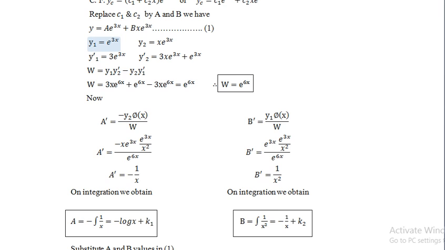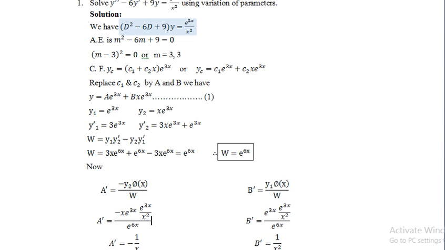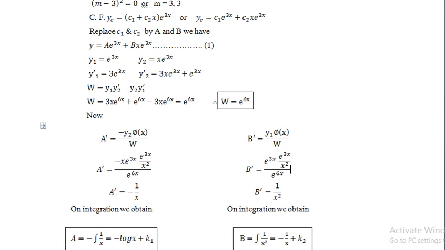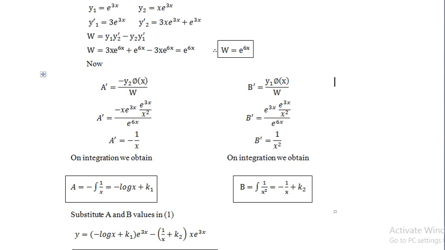Our y1 value is e to the power 3x, and again phi of x is e to the power 3x divided by x square, then the whole divided by w, that is e to the power 6x. Again in the numerator e raised to 3x is e raised to 6x. So numerator and denominator cancel out. The remaining term is 1 divided by x square. So on integrating both sides, integration of 1 by x square is minus 1 by x plus arbitrary constant k2.